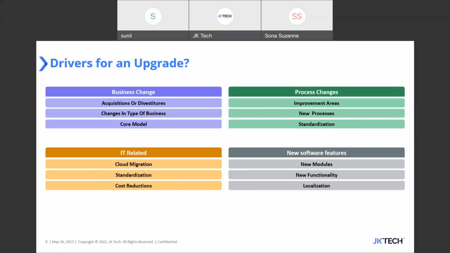Based on the market leaders, these were the 4 buckets of drivers that lead our customers towards going for an upgrade: business change, process change, IT related, and new software. These are the base reasons why customers on their digital transformation or modernization journey decide to go through an upgrade.